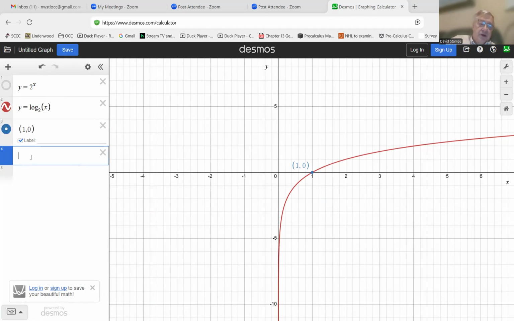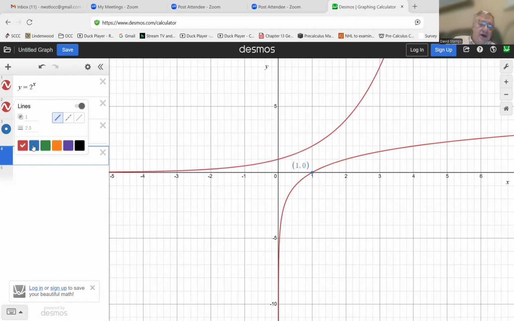Before I do that, let's revisit and put the original 2 to the x graph on there. Okay, and let's also change the logarithm graph to blue. So the red is the exponential function y equals 2 to the x. The blue graph is its inverse, y equals logarithm base 2 of x.